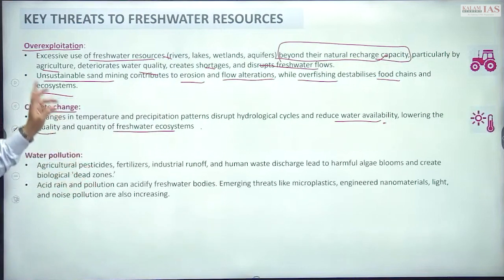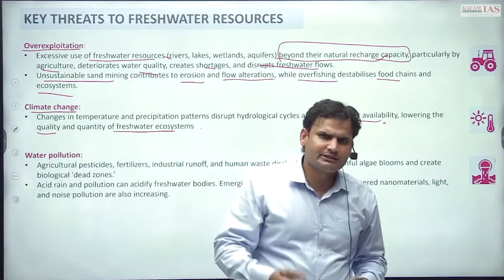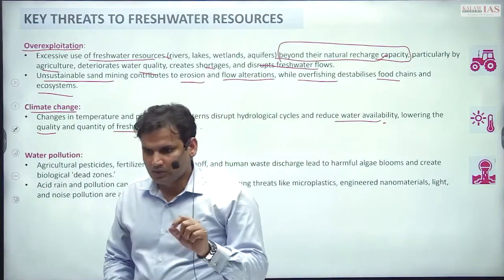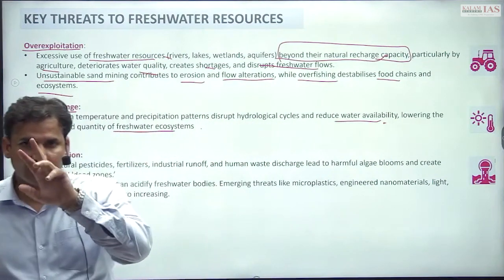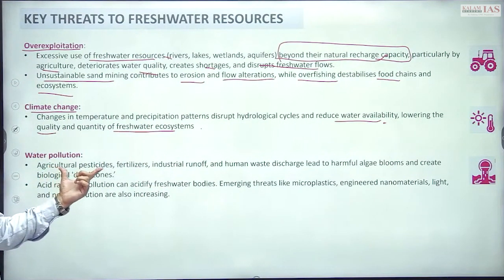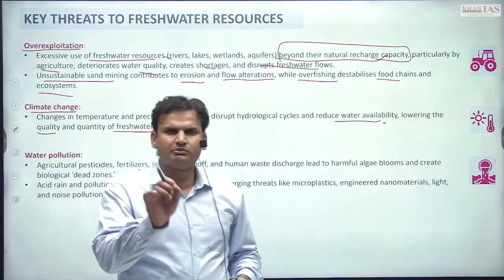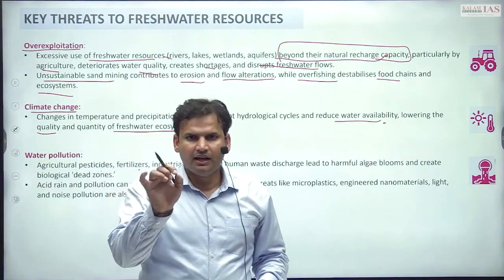Then another threat to our freshwater resources is water pollution. Now, why is water being polluted, or how is water being polluted? Again, one of the reasons is the agricultural pesticides, fertilizers, industrial runoff, human discharge, etc. Right?